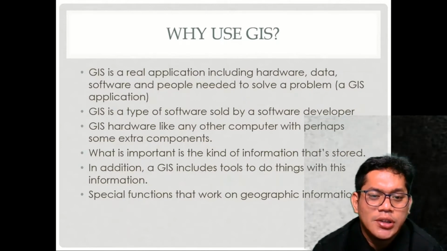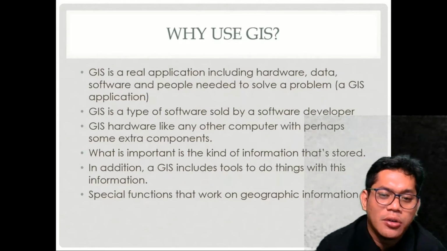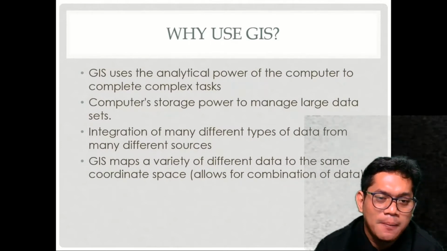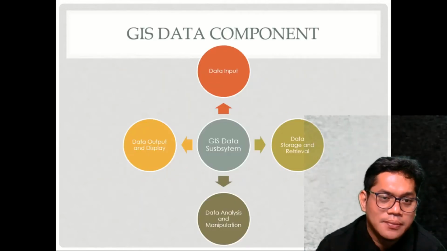Additionally, a GIS includes tools to do things with the information, with special functions which work on geographic information. GIS uses the analytical power of the computer to complete complex tasks, and integrates many different types of data from different sources. GIS is able to map a variety of different data to the same coordinate space, which allows a combination of the data.